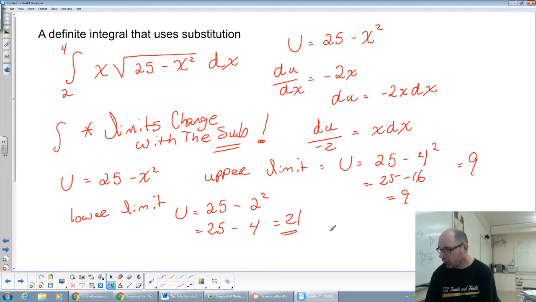So there's our lower limit, there's our upper limit. The upper limit has become 9, and the lower limit has become 21.